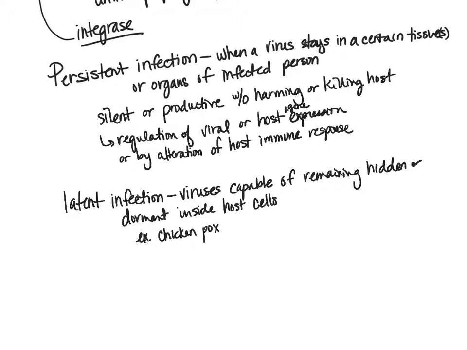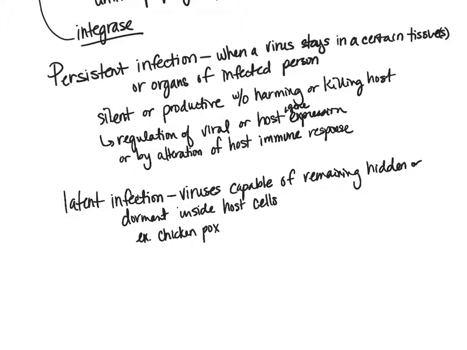These are different types of latent viruses, which means that they get inside of the cell. Once they get inside of the cell, they integrate their genetic information into the nucleus, into our genetic information. And then it hangs out there. It's dormant. It's hidden.